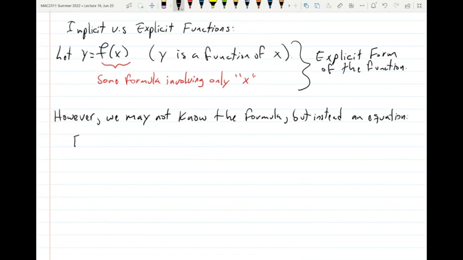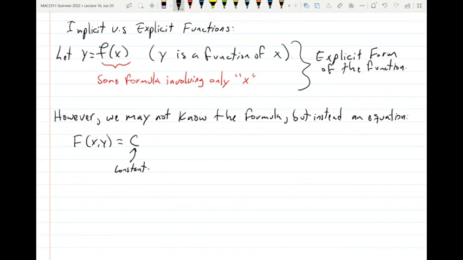You can have something like this: capital F of x, y equals c, where c is a constant. What I mean by F is just an expression. You can think of it as a function in two variables, an expression that involves both variables x and y, equal to some constant. And in general, you can actually put a 0 here, because you could put the c over here and put it together in this expression. But I'm just going to leave it like that.